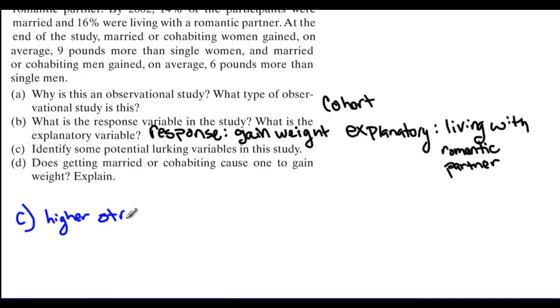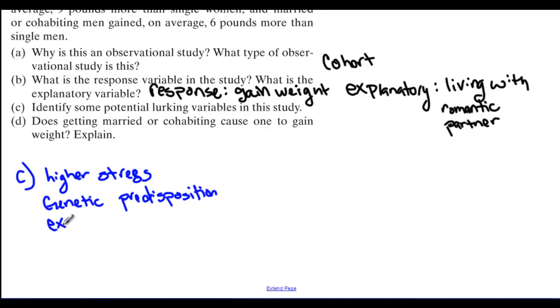They could have also had a genetic predisposition. It could have had to do with other things, such as their exercise habits. And this list can go on forever.